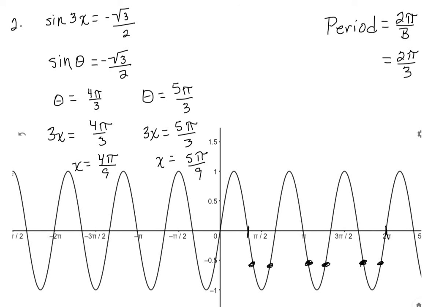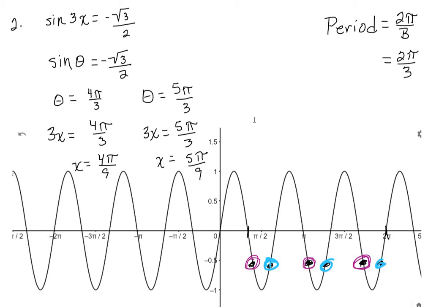So I can add 2 pi over 3 to this point to get here to this point, and then add another 2 pi over 3 to get to this point. And then I can do a similar thing here with the points that I'm going to highlight with blue.